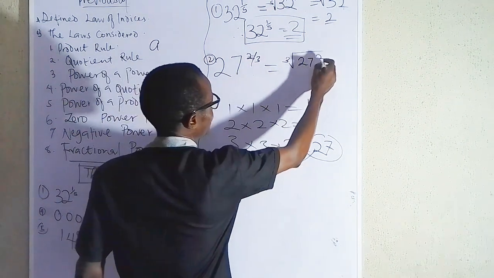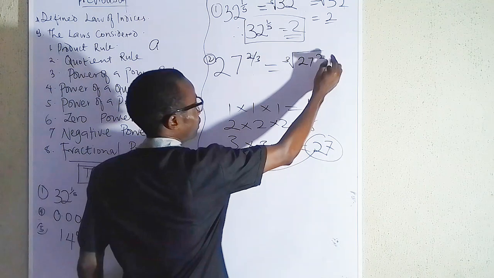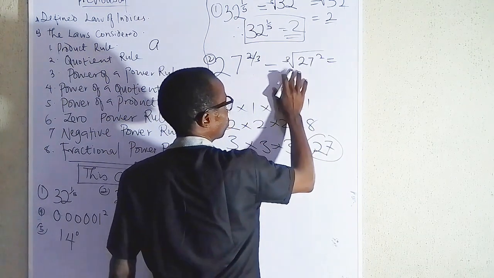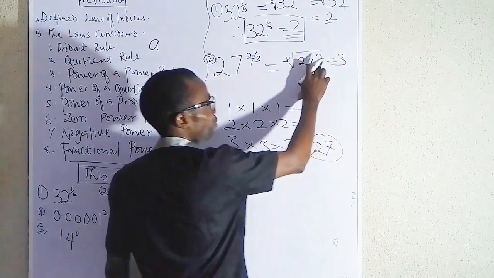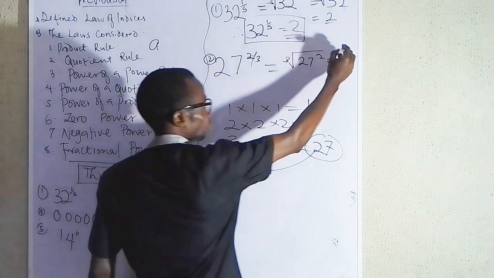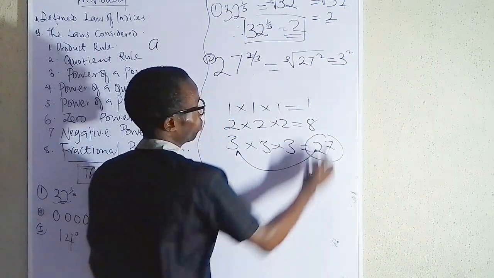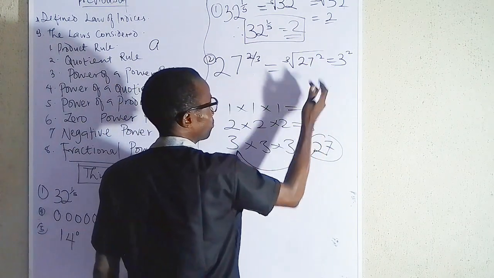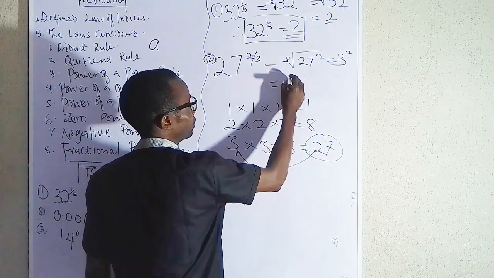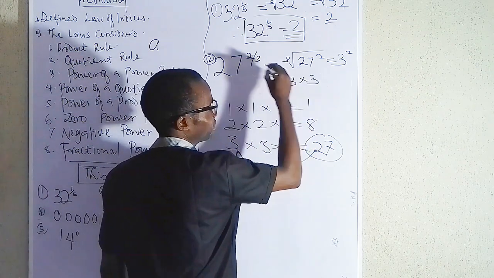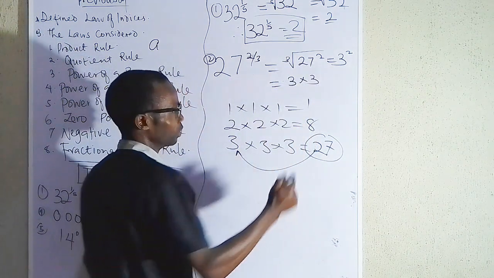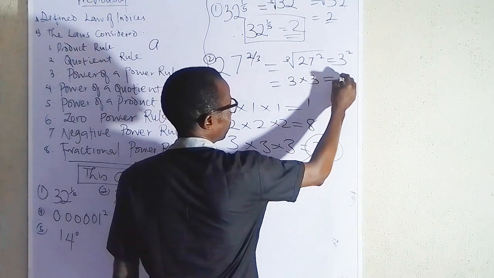So by the time we find the cube root of this, the cube root of 27 is 3. But remember, I've not done anything with this square, so the square still remains. So 3 squared means what? 3 squared means 3 times 3. Write 3 2 times. 3 times 3 is what? 9.